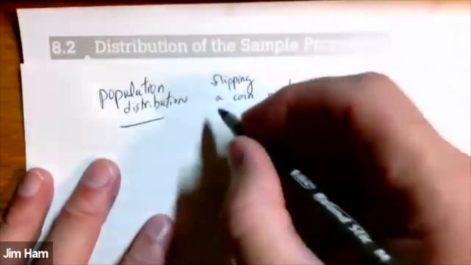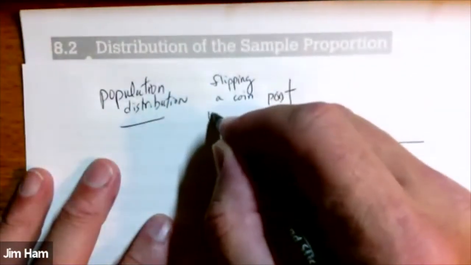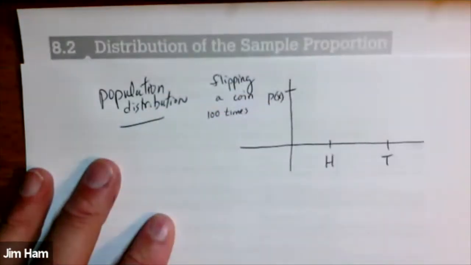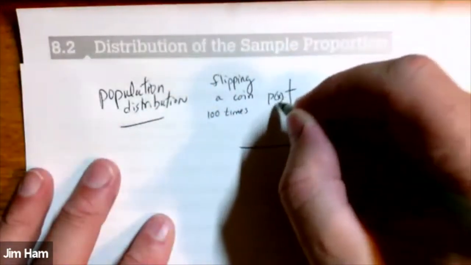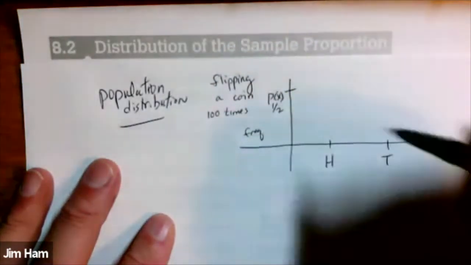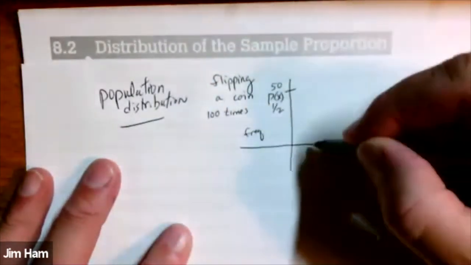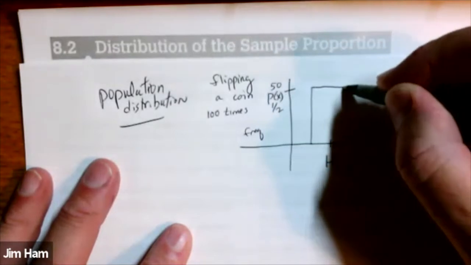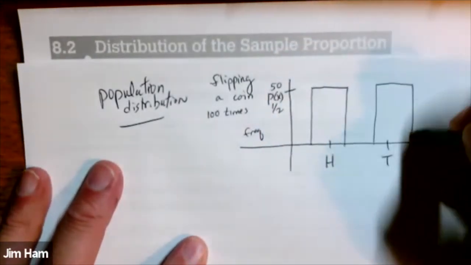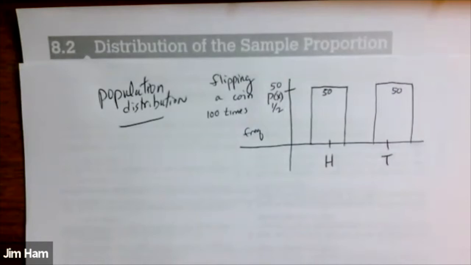And let's say we're going to flip a coin 100 times. So the probability would be 1/2, and the frequency would be 50. We would expect 50 heads and 50 tails. If we flip the coin 100 times, this is what the distribution would look like.